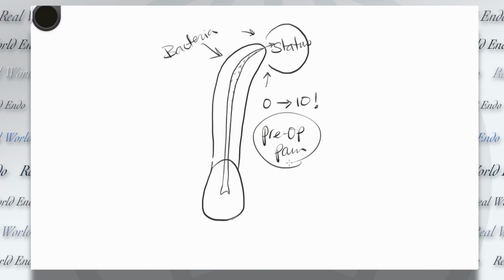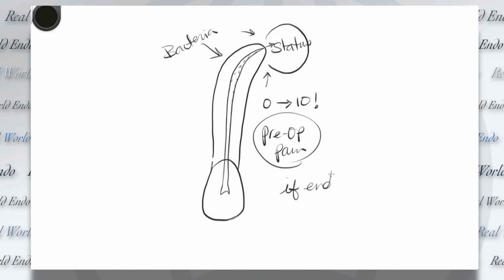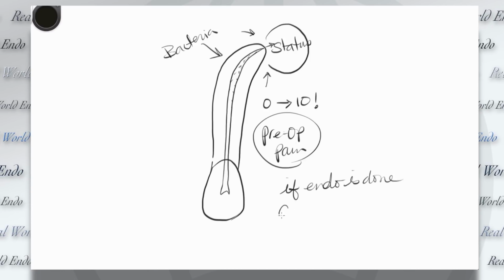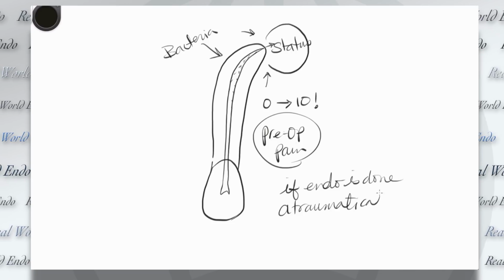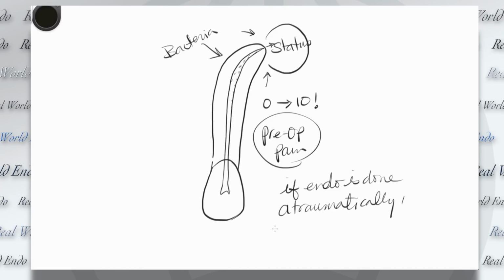Now, I will propose to you the following: if we do endodontic therapy, cleaning, shaping, irrigation, and disinfection right, from a theoretical point of view, a patient should never have more pain post-operatively than they did preoperatively.